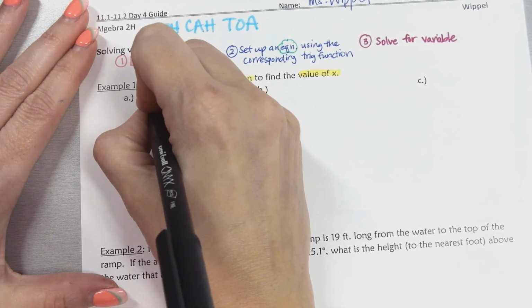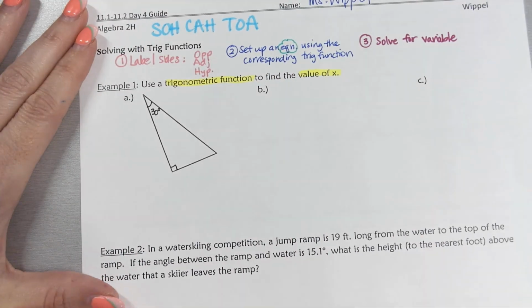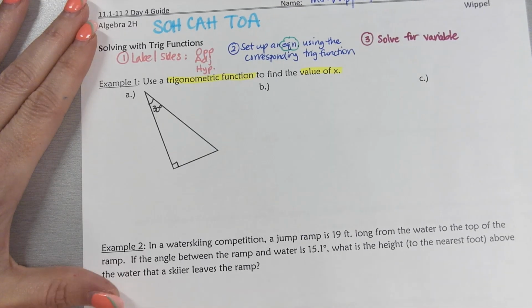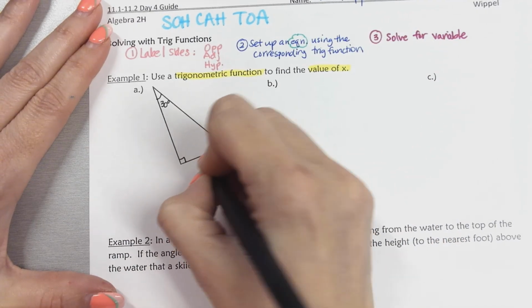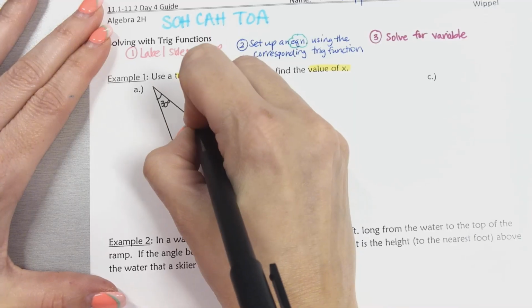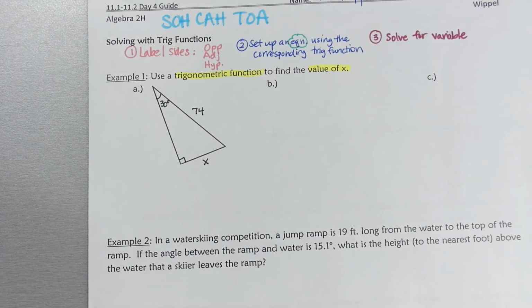This is labeled as 30 degrees, and then this is labeled as x. This is labeled as 74. I want you to draw that picture, and do step 1. I want you to label the O, the H, and the A.